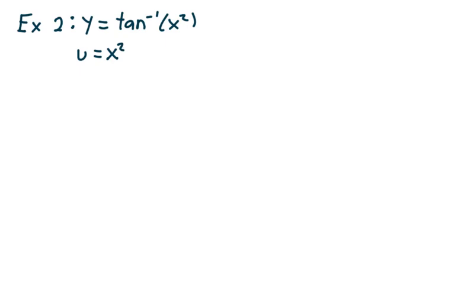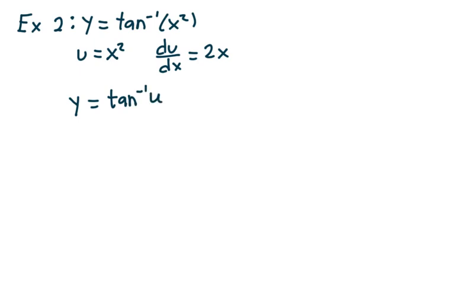Let's take a look at the second example. Suppose I had y equals arctangent of x squared. u is x squared. du dx is equal to 2x, right? y expressed in terms of u is arctangent of u.